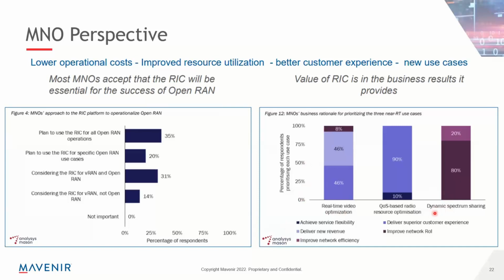The other key use case would be dynamic spectrum sharing. Dynamic spectrum sharing means you are using the same radio band, let's say the 900 band, for both 4G and 5G. When you have many 4G users, you dynamically get more spectrum for 4G and less for 5G.